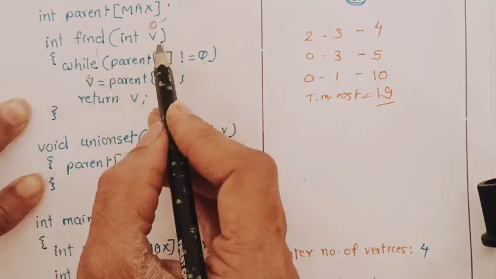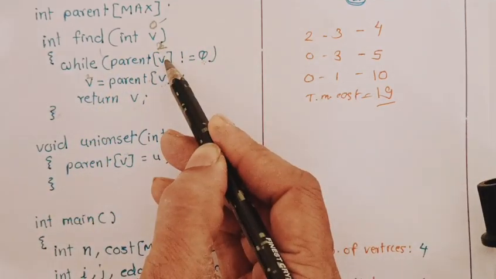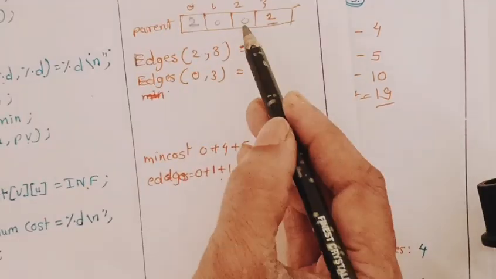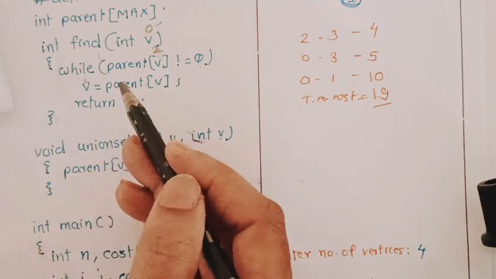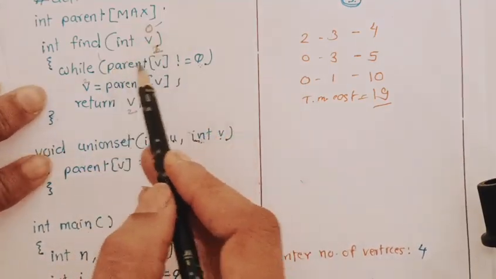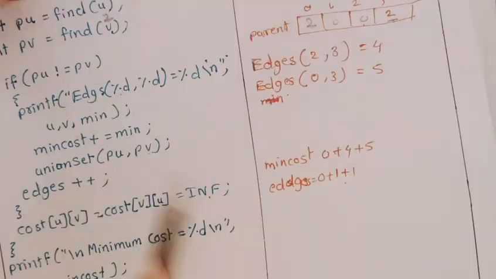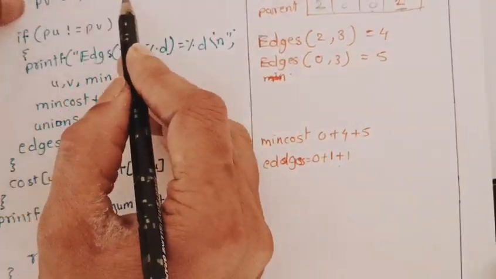So what is the parent of 2? Parent of 2 is 0, so the loop stops, and parent of u is 0. So we are returning 2, meaning parent of v, that is parent of 2, is 0. That's why we are returning 2. So pu is 2. Next pv equal to find v.